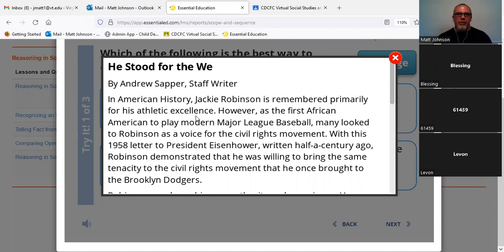So looking at that, we are talking about a historical event or a historical piece period, 1950s, written in 2008. So we know this is a secondary source. He's discussing a primary source here based on Jackie Robinson's letter and things like that. So definitely a secondary source happening well after the actual events taking place in the 1950s.